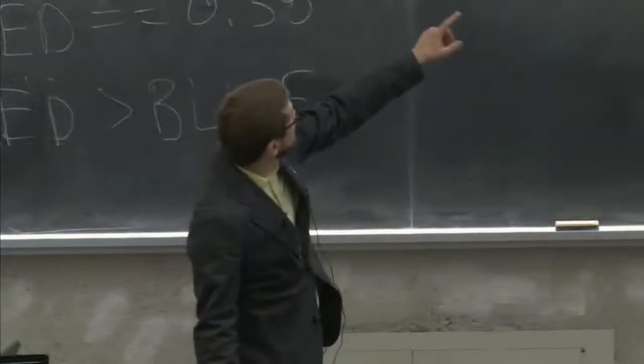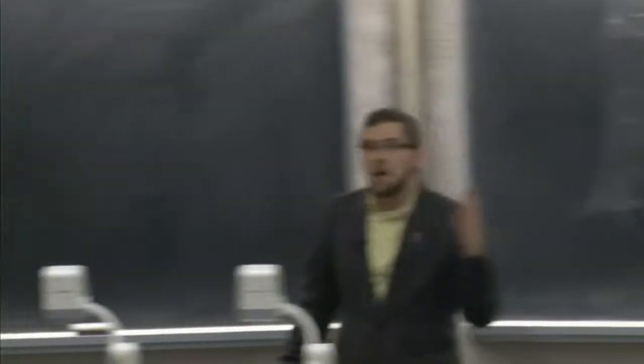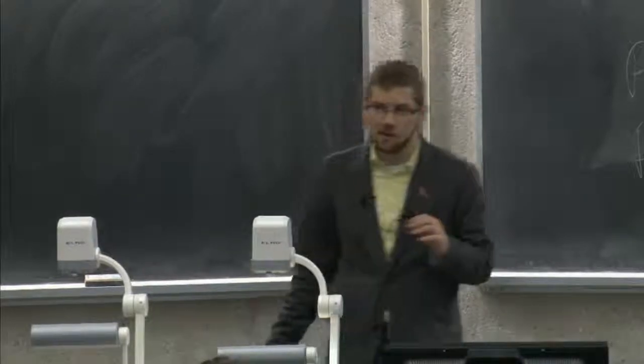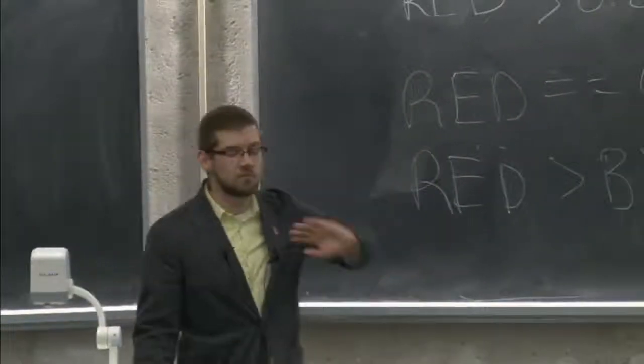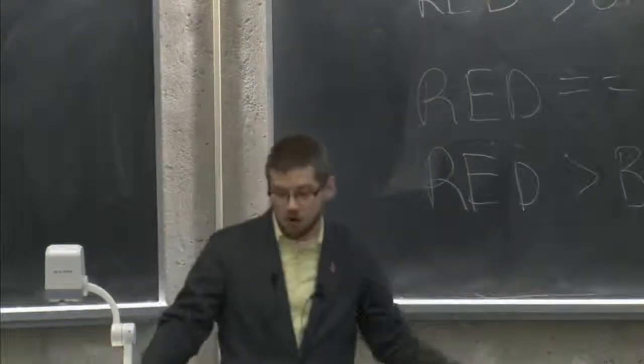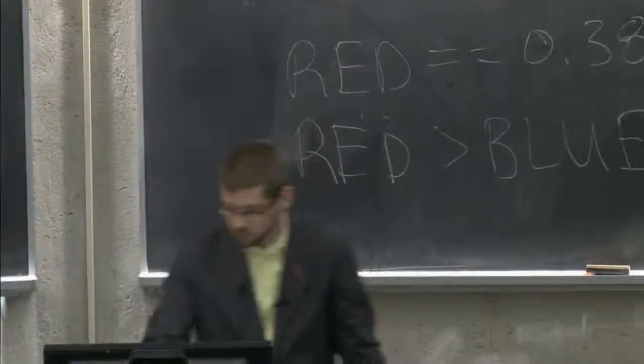And that might mean that you might get slightly different values for your nap, which can mean that if you're basing your decision on equality, you are maybe not going to correctly identify Grumpy Cat if you see a slightly different picture of him, okay? Now, what you gave me is perfect, and that exactly satisfied what I asked for. I just want to start thinking about what are the consequences of choosing any one of these rules.